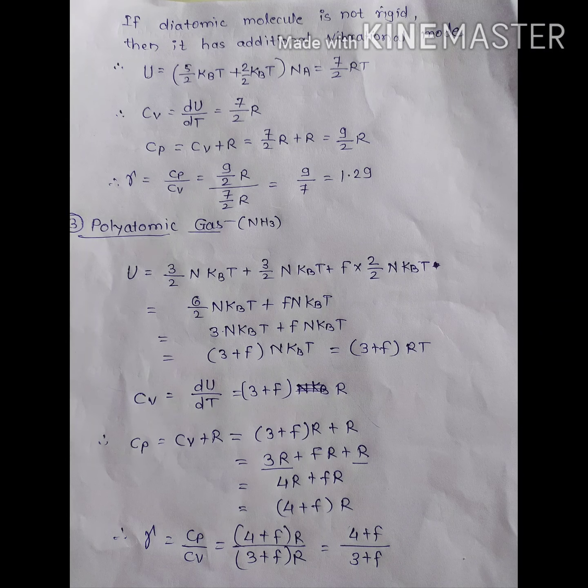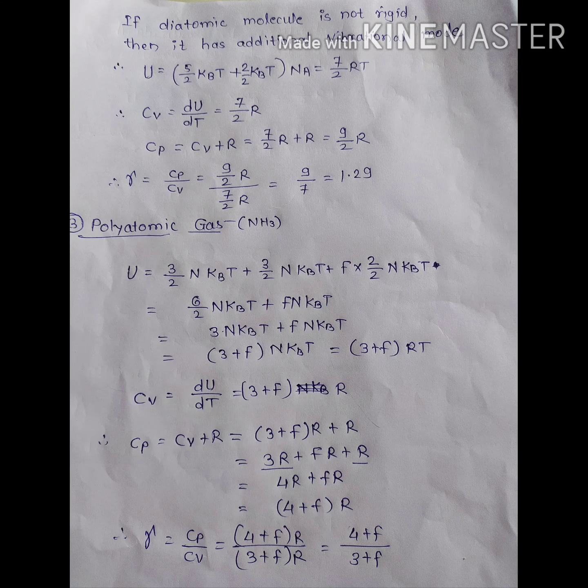If the diatomic molecule is not rigid, then it has an additional vibrational mode. Therefore, its internal energy becomes (5/2 kBT + 2/2 kBT) times Na. Here 5 is the addition of 3 translational and 2 rotational motions, and 2/2 is for vibrational motion.